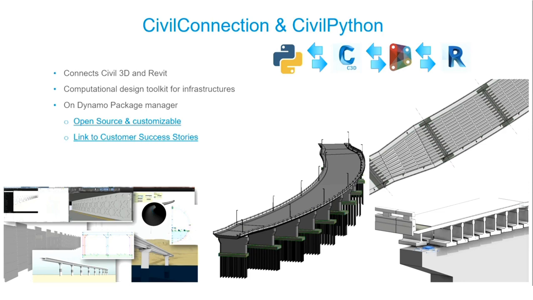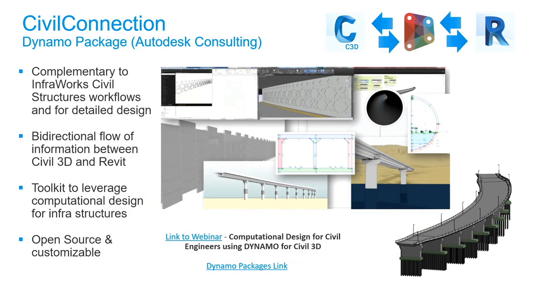And this Civil Connection used to be a package that's not available for our customers. This is now available for you free of charge to download and leverage. Okay? So these are some of the examples where this package was used. I will share with you again the slides, so we'll have the link to the webinar explaining how you can use it and definitely where you can download it from.